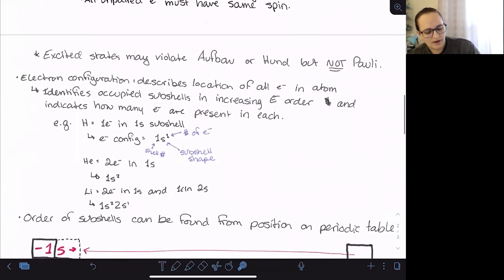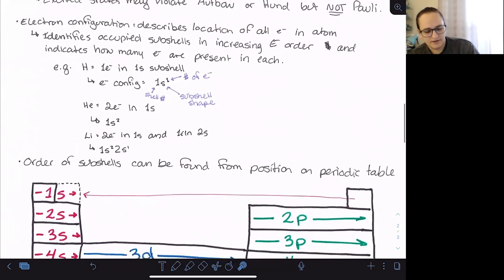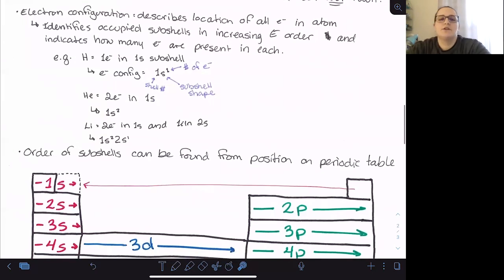So this brings us to our goal here, which is writing electron configurations. The electron configuration for an element just describes the location of all of the electrons in an atom. It tells you which subshells actually have electrons in them and how many electrons are in each in order of increasing energy.